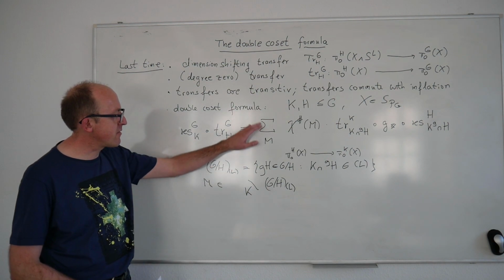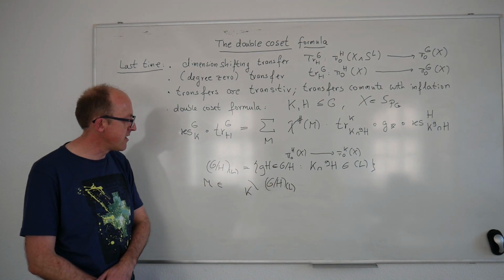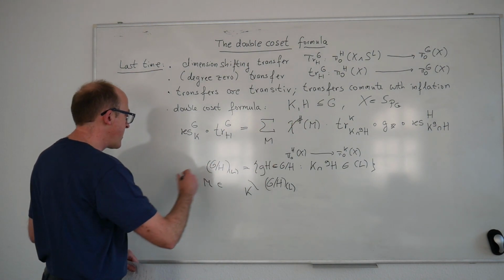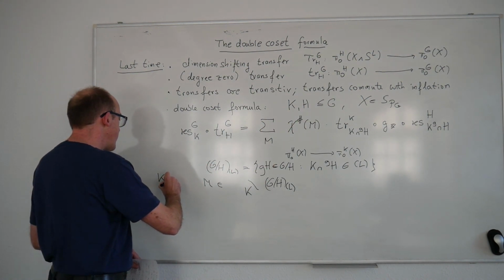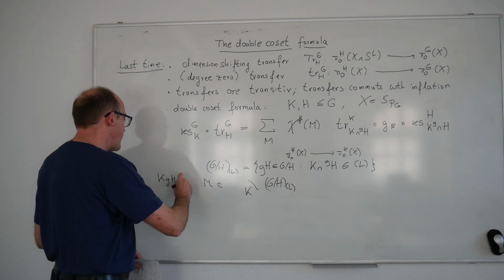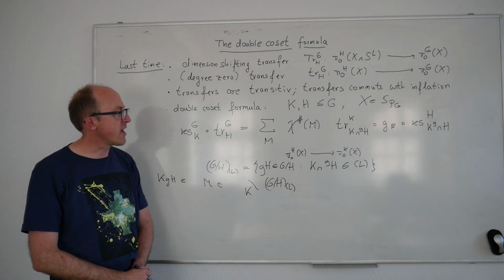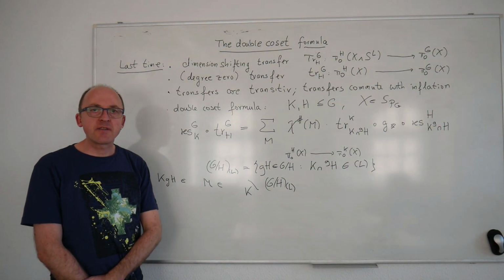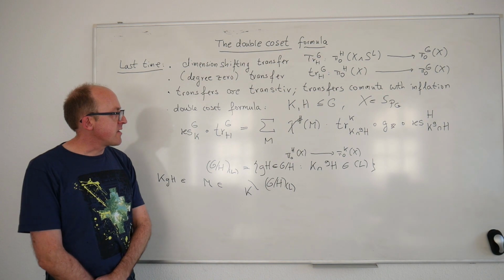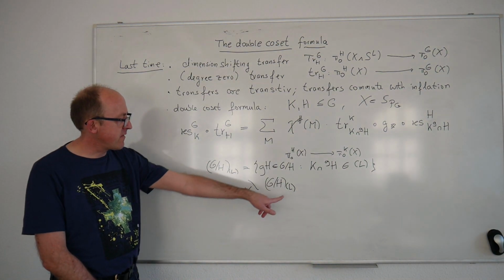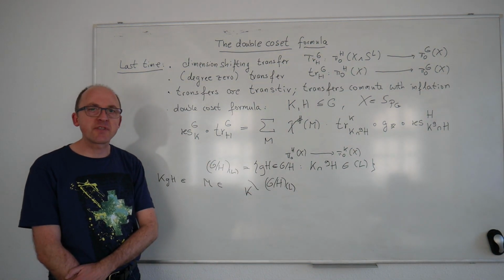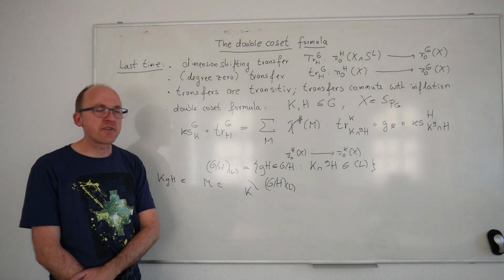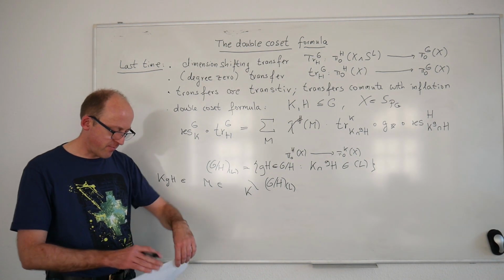And the sum is indexed first of all by these conjugacy classes L, and then by connected components M inside of it, and then this element little g is any element such that K intersected gHg inverse is contained in this connected component M. This number is the so-called internal Euler characteristic, and it's an integer. This sum is finite. First of all, this set will be empty for almost all conjugacy classes L, and then this will always only have finitely many path components, so this is a finite and well-determined sum.